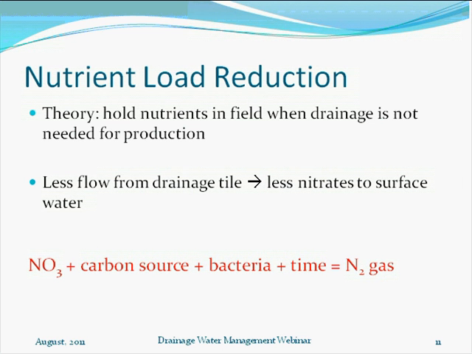It's been shown that if you have poorly or very poorly drained soils, that is good when you have sufficient organic carbon. Water moving through those layers and seeping down while you're holding back in the field is going to pass through those reduced zones in the soil and reduce the nitrate load. It's not going to help so much if you have a type of soil that's not going to have one of those reduced zones.